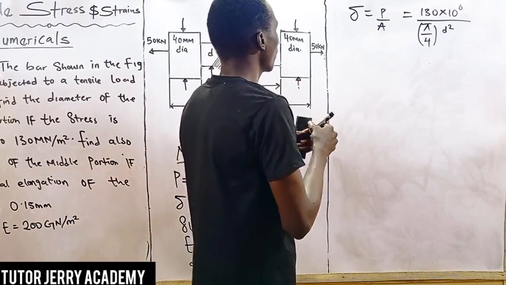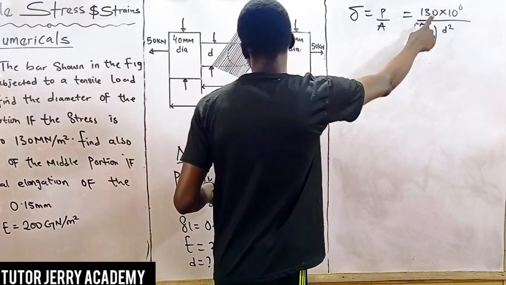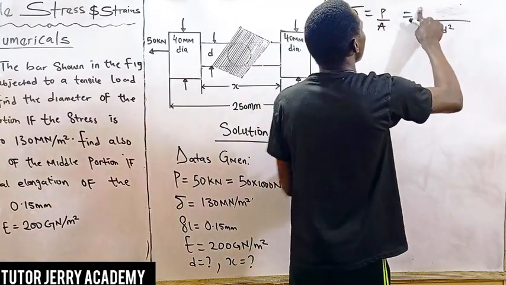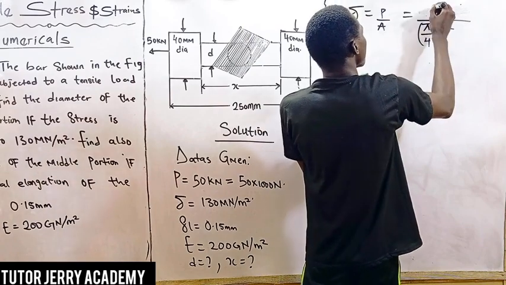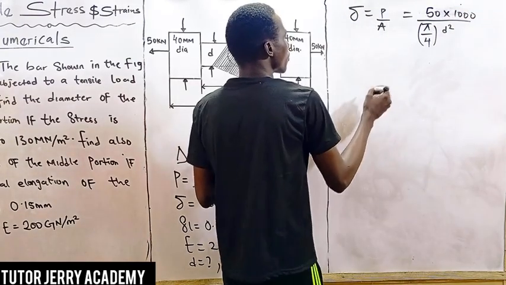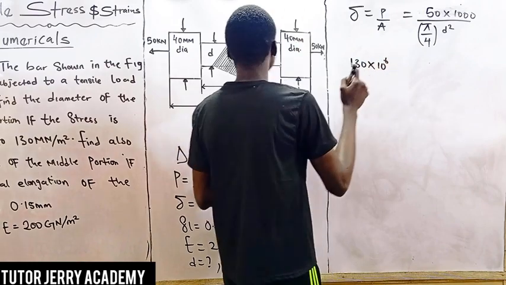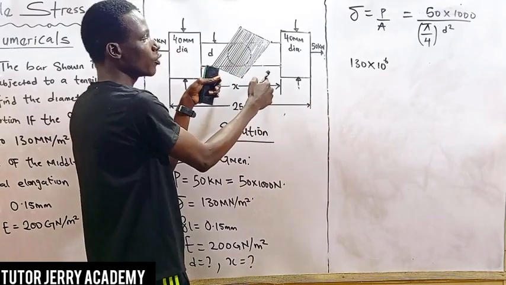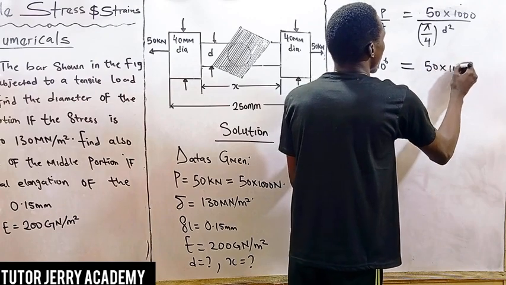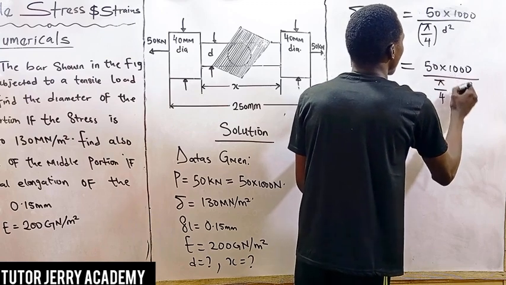Of course, we know that our P is the force, and here we have P to be 50 kilonewton. So this equation now becomes 130 times 10 to the power of 6, which is the stress of the middle portion, equal to 50 times 1000 all over pi D squared over 4.